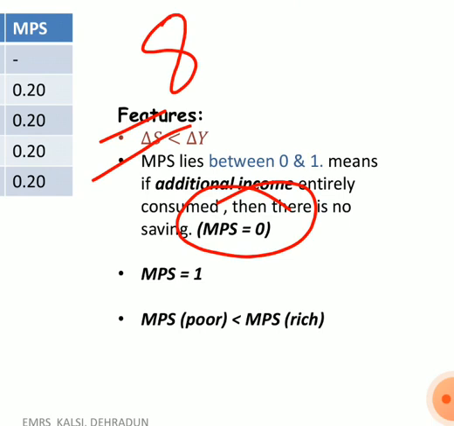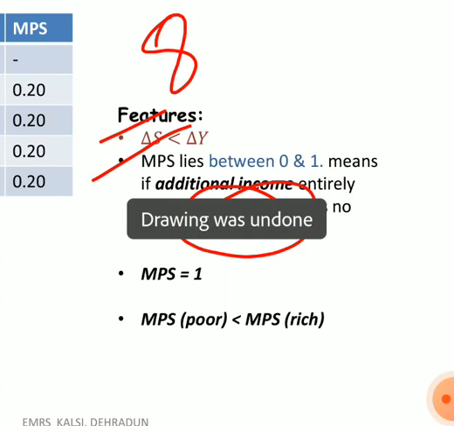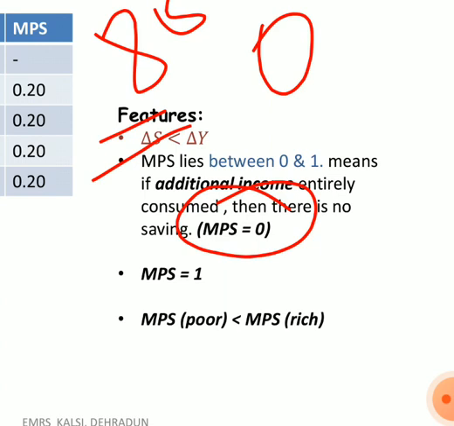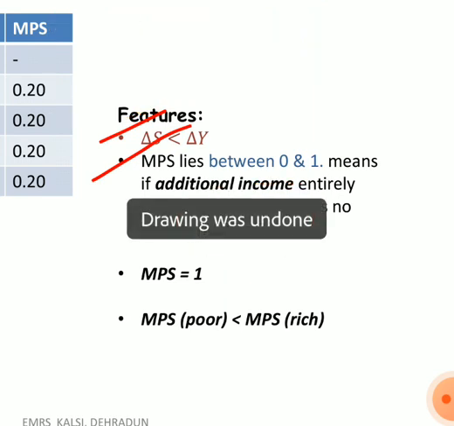If your additional income is rupees 800, then you can spend the whole income and the saving will be 0. I am talking about the additional income, okay? If you are consuming the whole additional income, then your saving will be 0. So MPS can be 0. This MPS represents the saving, so your saving can be 0 if you are consuming your whole additional income.